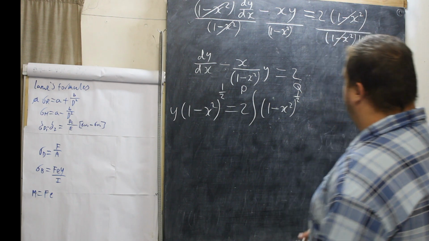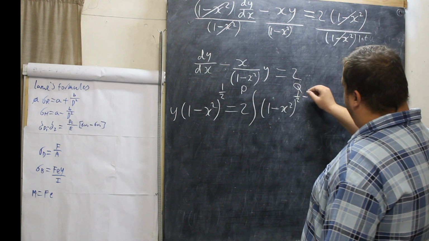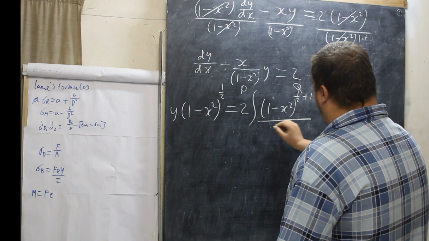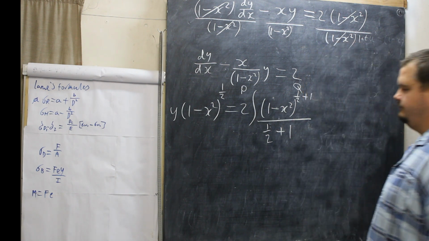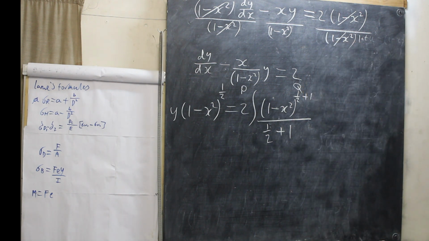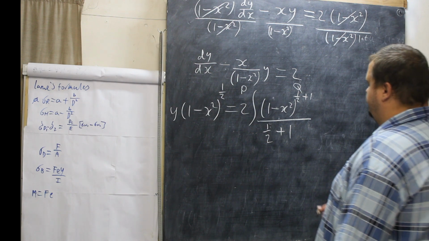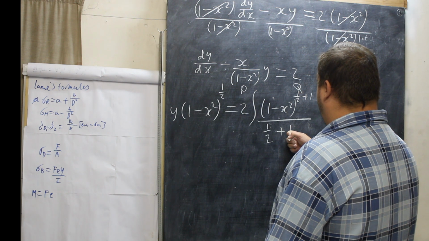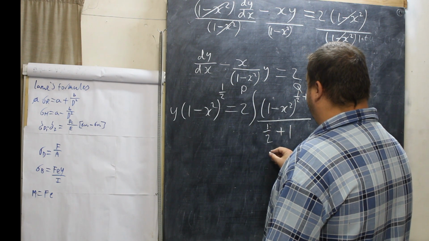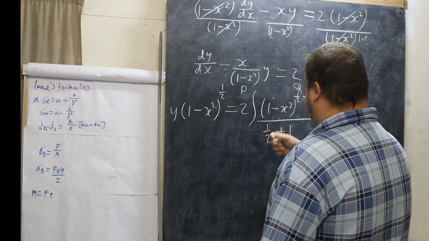Now, let's integrate. Plus 1 over a half plus 1. So a half plus 1 is 3 over 2.